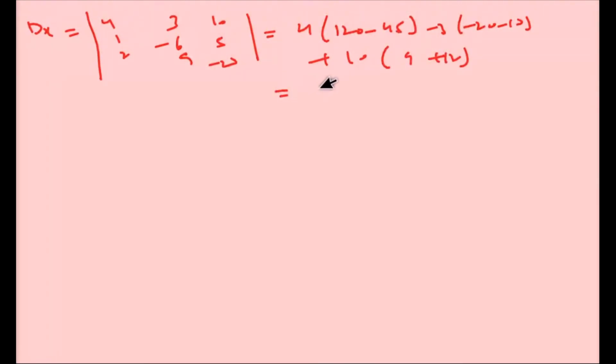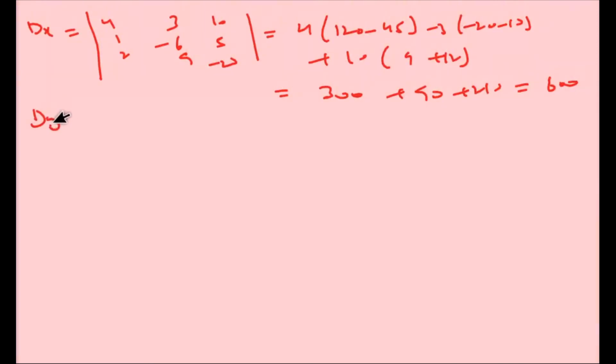So getting this we get 300 plus 90 plus 210, equal to 600.